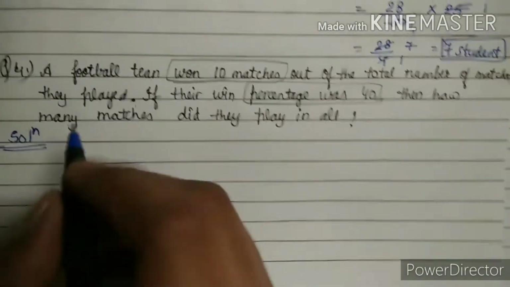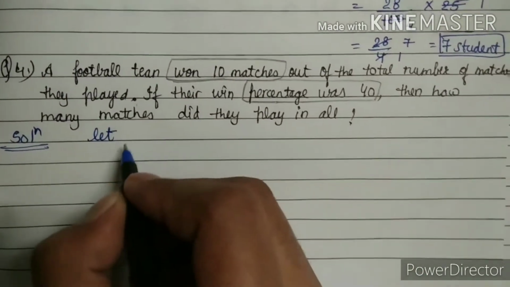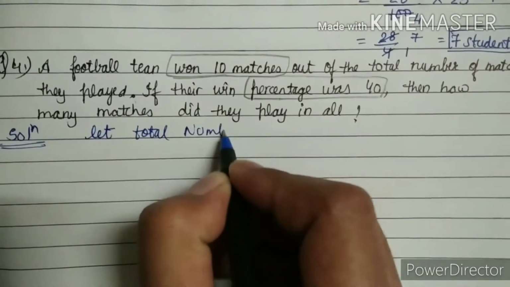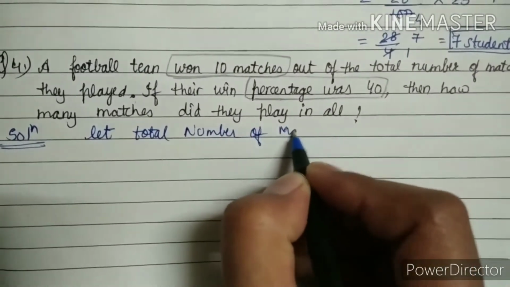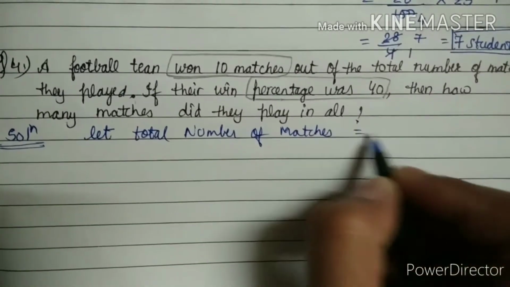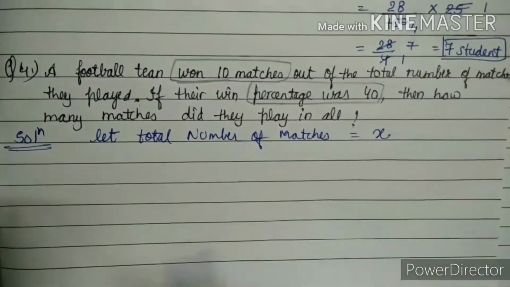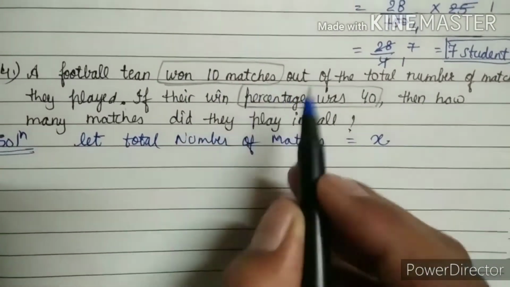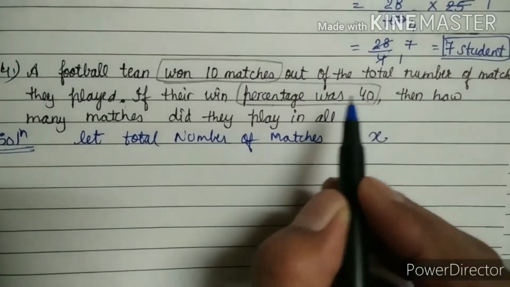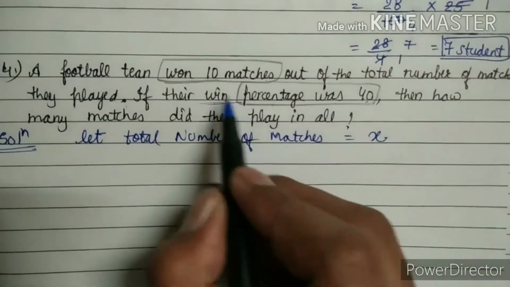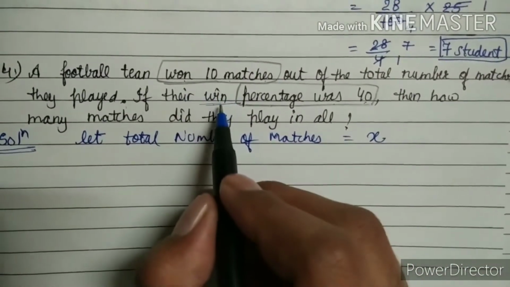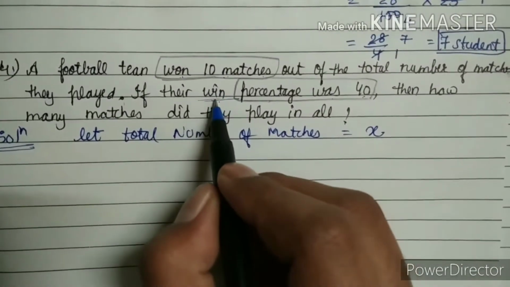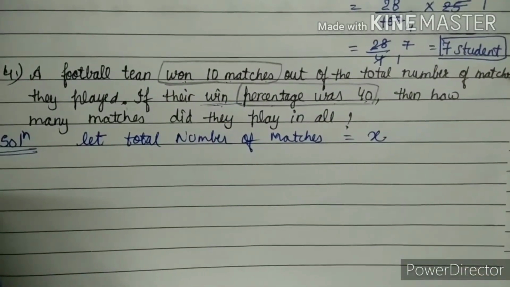Whatever we have to find, firstly we will suppose that the total number of matches is X. Now you can see here won matches is 10 matches, and 40 is the percentage of won matches. Here is also won, here is also win, but here is the number of matches and here is the win matches percentage.